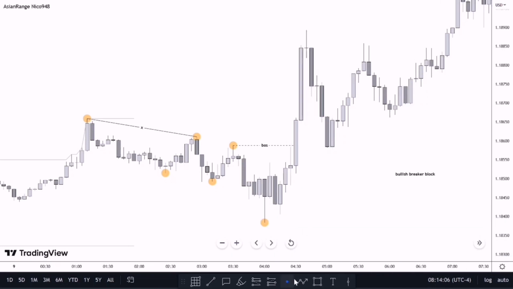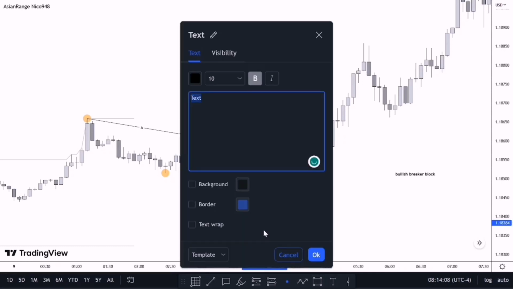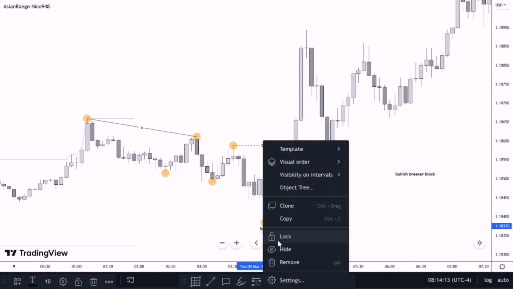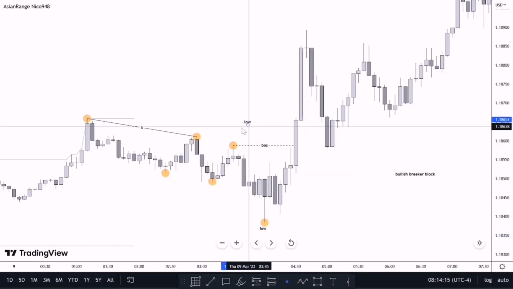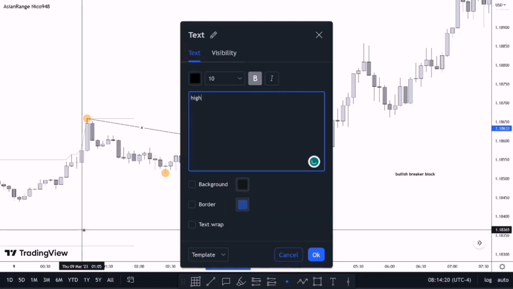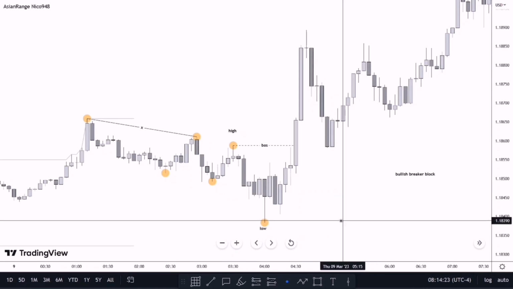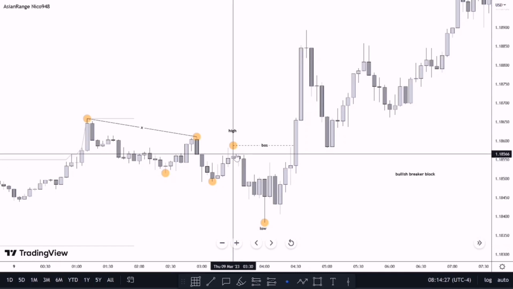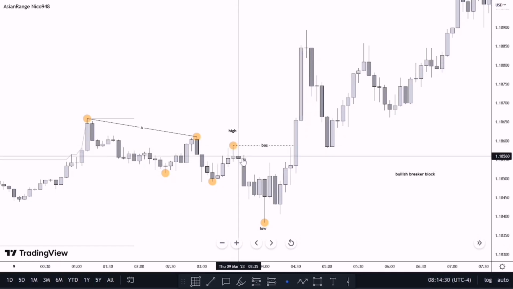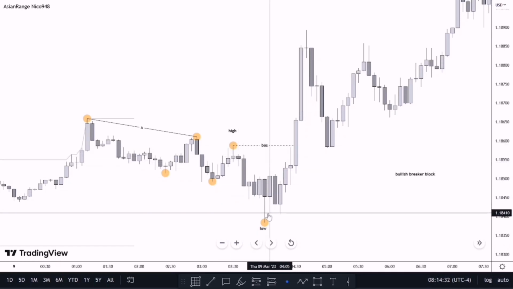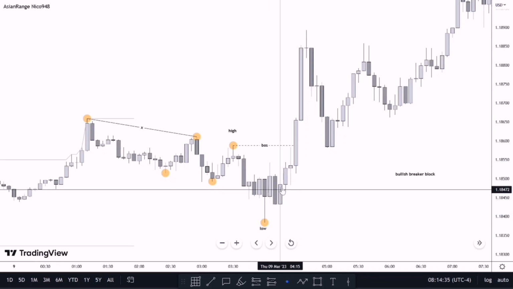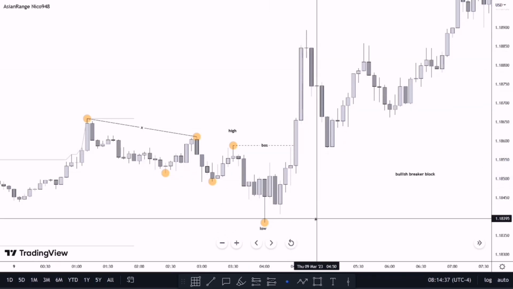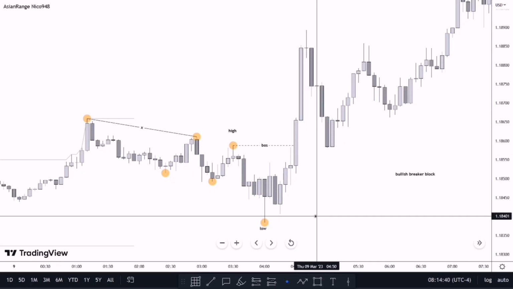We are going to look between this low here, which is our lower low, and our high over here. As we explained in the previous diagram, we're looking for a bullish candle within this range that can allow us to find our bullish breaker block.